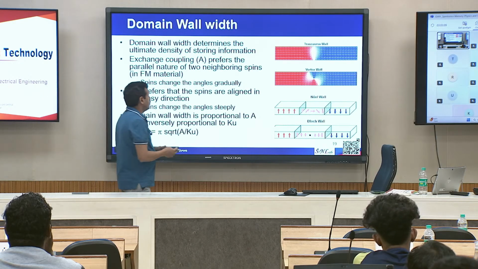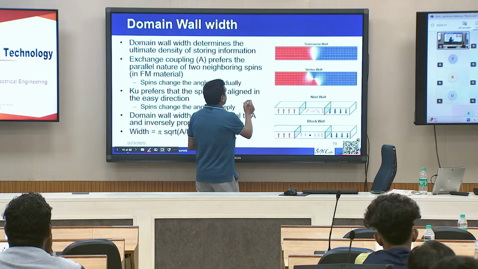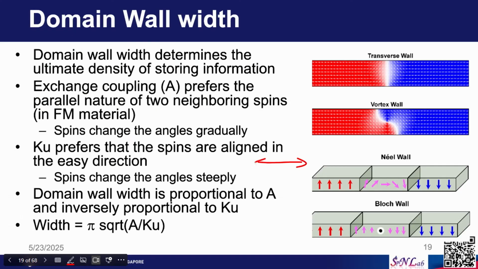Storage density. Okay. So, imagine if your domain wall itself occupies 50 nanometer, then you need some space to have spins pointing up, and you need some extra space for the next domain where the spins are pointing down.